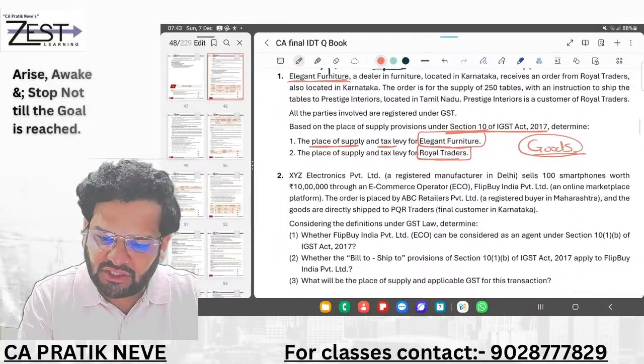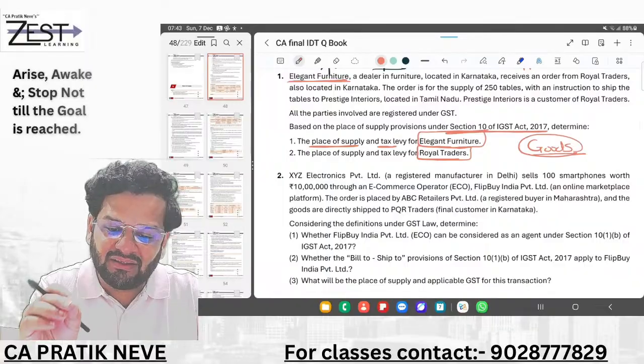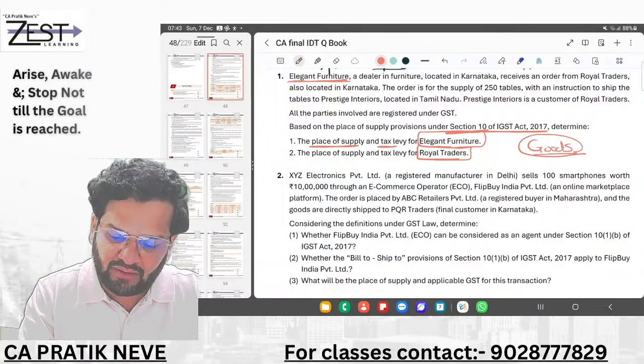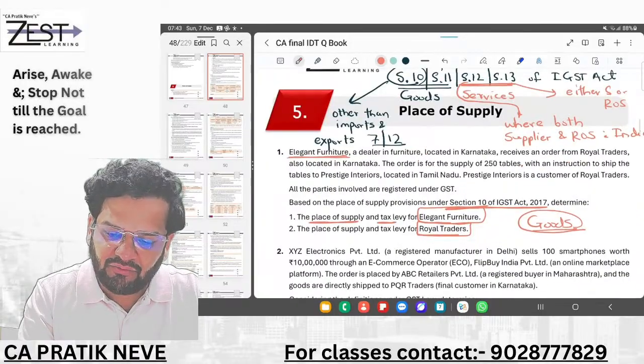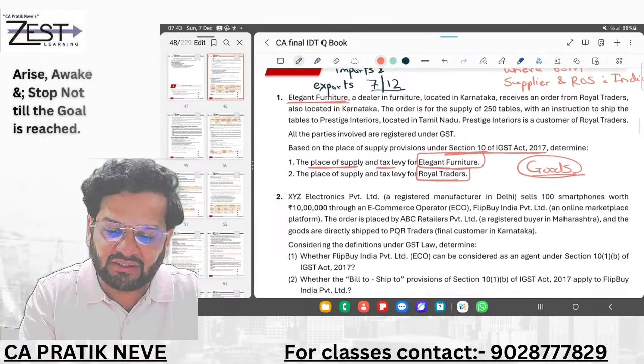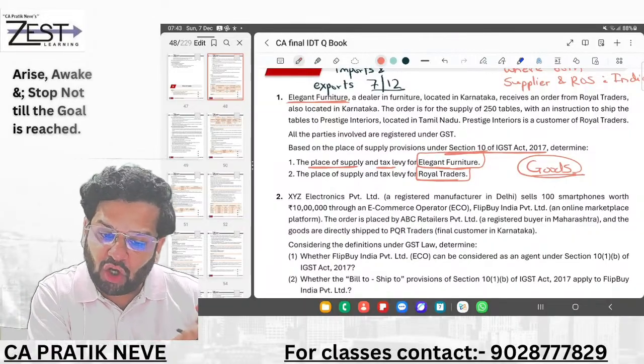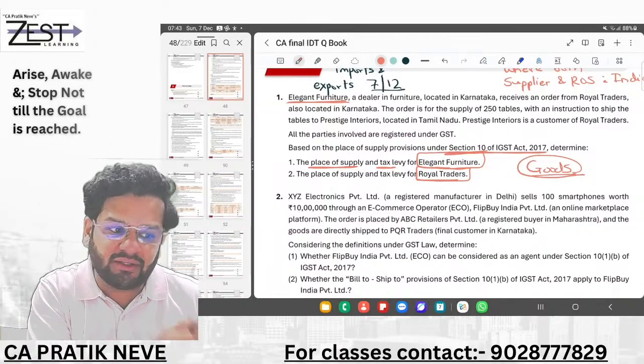Elegant Furniture, a dealer in furniture located in Karnataka. So I would say Elegant Furniture is in Karnataka. It receives an order from Royal Traders, also located in Karnataka.